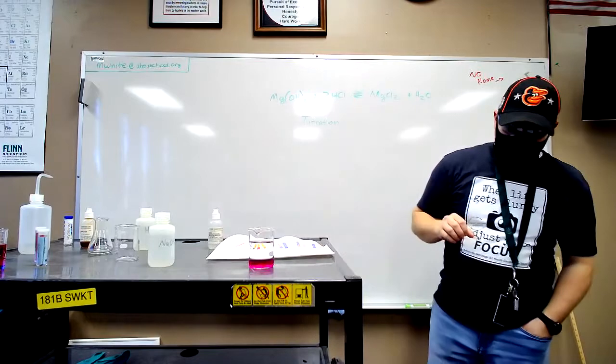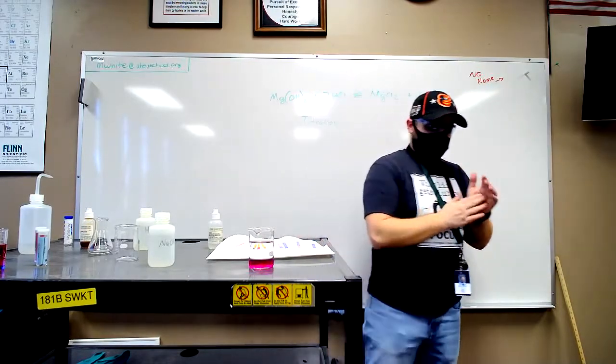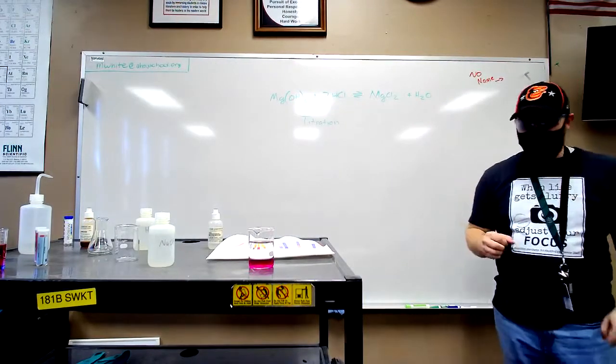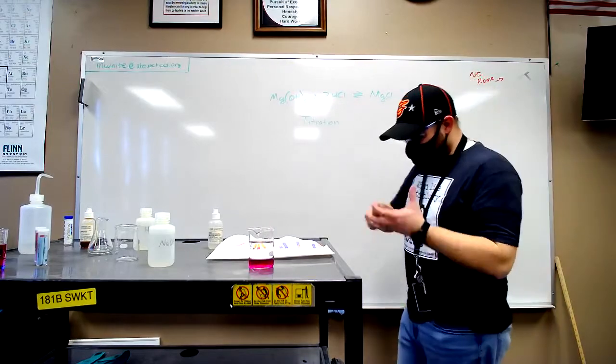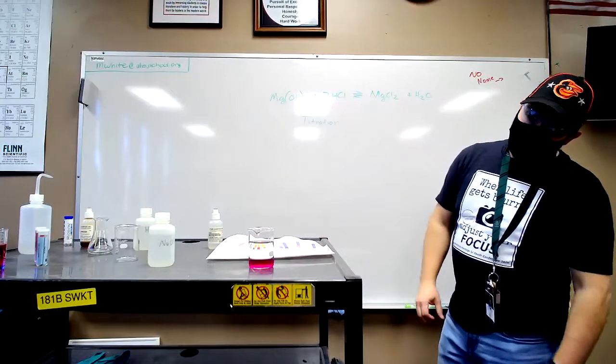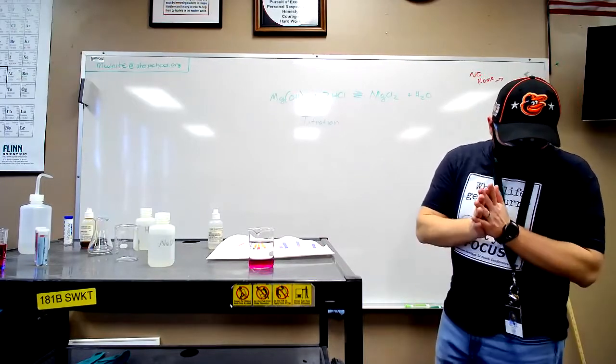It's close enough for us. Obviously, if we need super accurate results, we're going to use sensors that collect a bunch of data so that we can mathematically calculate it. But for this class, that's going to be close enough for what we need.